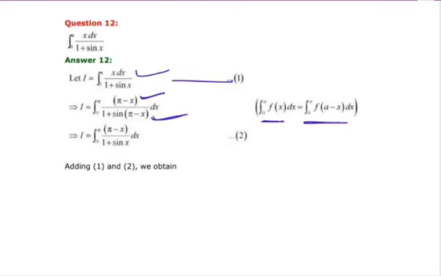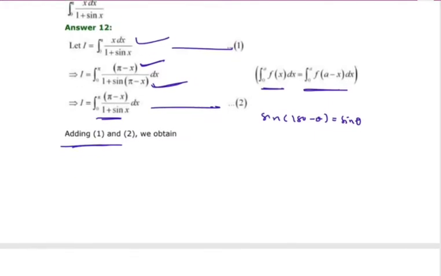So pi minus x as it is, 1 plus sin pi minus x is sin x only, since sin 180 minus theta is sin theta. Take it as equation 2.